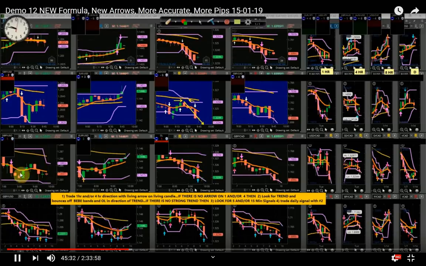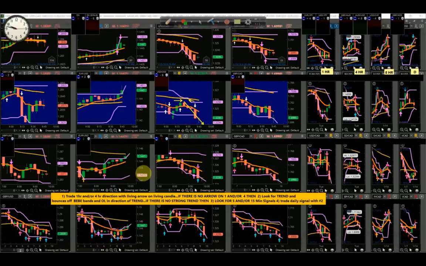If you look, guys, it's going through the orange line on the 15, and generally the stronger trends tend to go off the 15-minute orange line. When they're a bit stronger against the trend, they go through the 15-minute orange line, obviously, but then they might come off the 30-minute orange line.